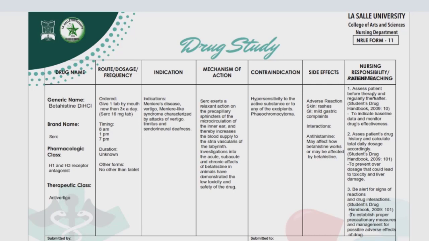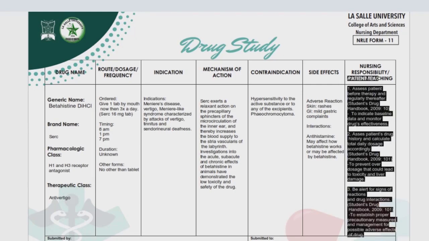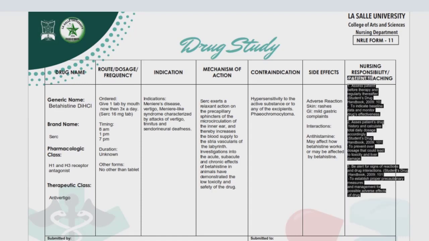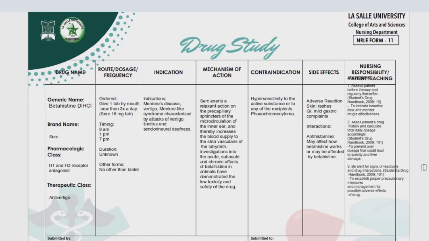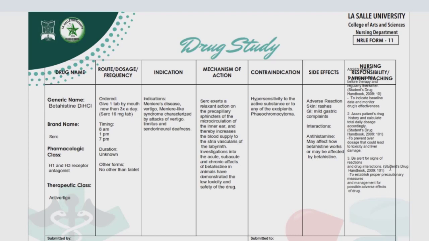Dinha makita nato ang purpose sa nursing action nga atong gibuhat in terms of pharmacologic intervention sa atong patient.